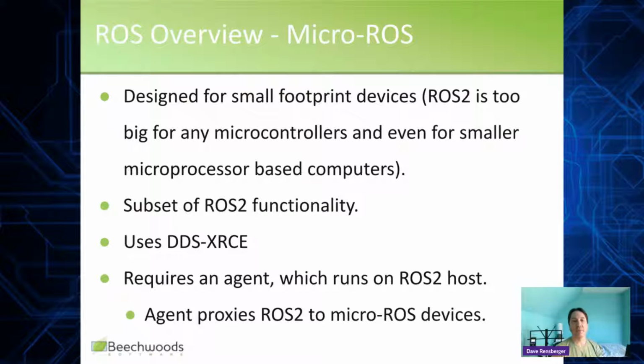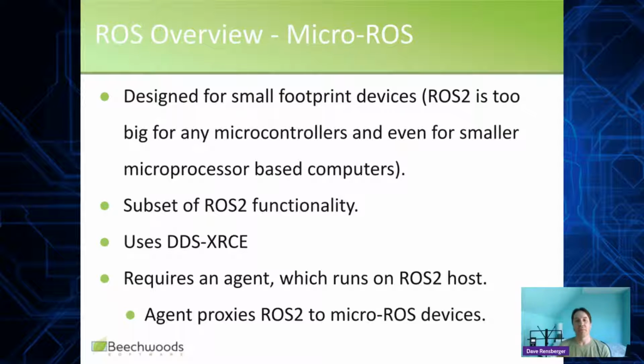One of the ways they do that is by using a special version of DDS called DDS XRCE. The fundamental difference between using micro-ROS and using ROS2 is that to use micro-ROS, you do need at least one ROS2 host running an agent, and that needs to be one of these larger single board computers that can run ROS2.